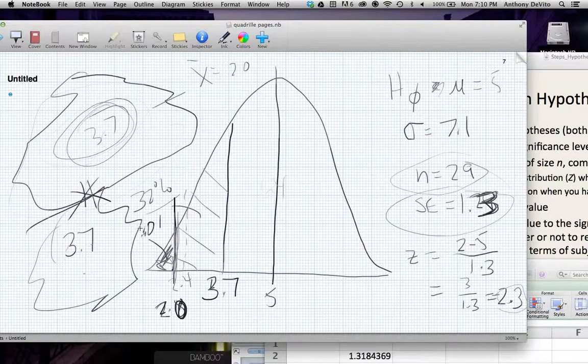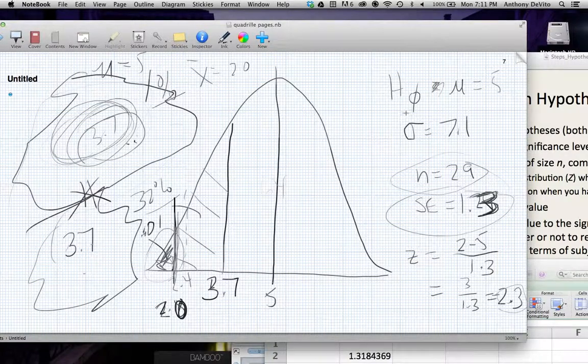0.01, 1%. I would get this result from this population 1% of the time, right? In other words, if the mean was really 5, it would be unusual for me to get a value as low as 2. That would only happen 1% of the time, right?